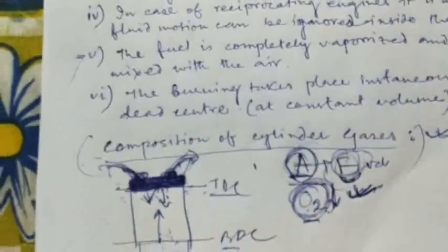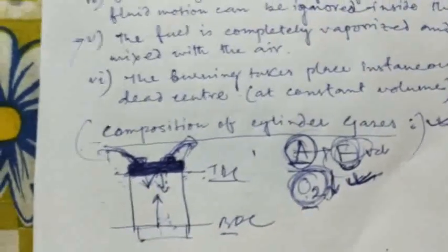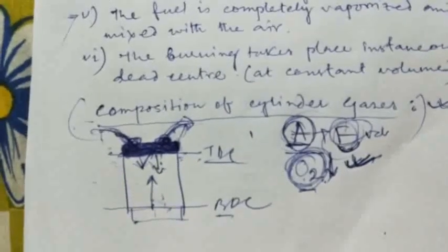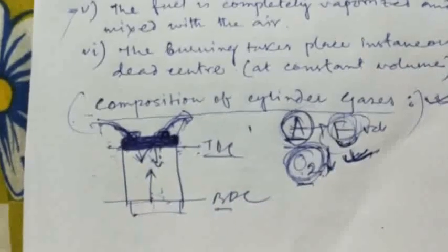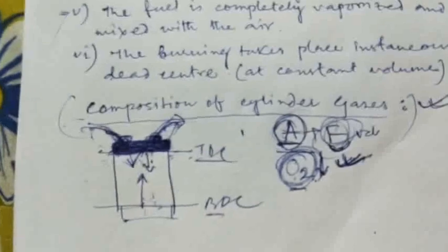This change in air fuel ratio affects the composition of gases before combustion as well as after combustion, particularly the percentage of carbon dioxide, carbon monoxide, water vapor, etc. in the exhaust gases.